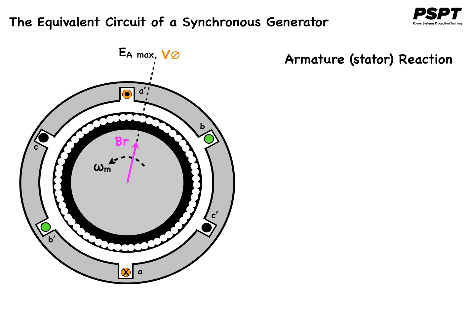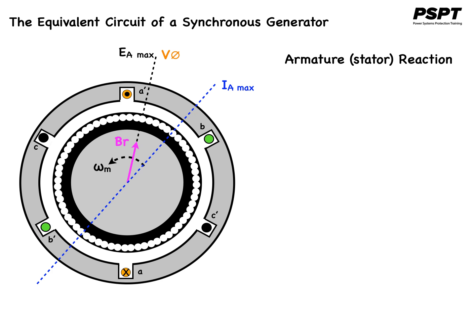Now suppose the generator is connected to a lagging load. Because the load is lagging, the peak current will occur at an angle behind the peak voltage. The current flowing in the stator winding produces a magnetic field of its own.